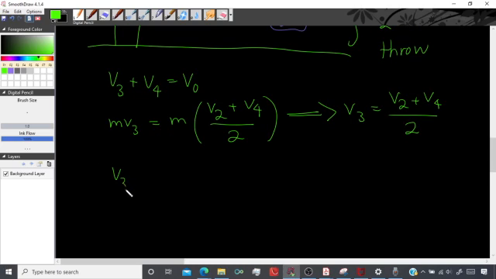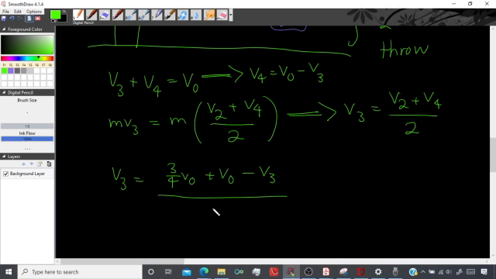And also we can find v4 in terms of v naught. Using this equation, we get that v4 is just v naught minus v3. So now we have v3 equal to 3/4 v naught plus v naught minus v3, and this is over 2.